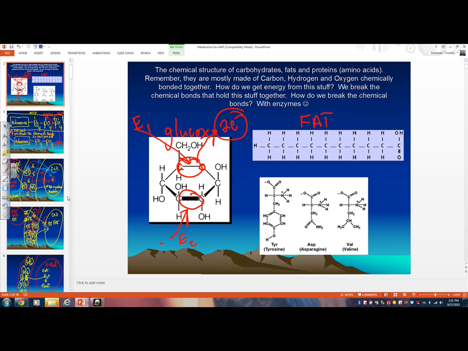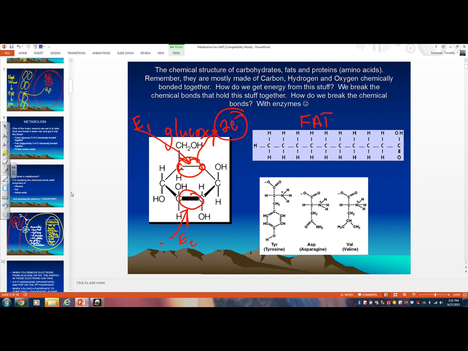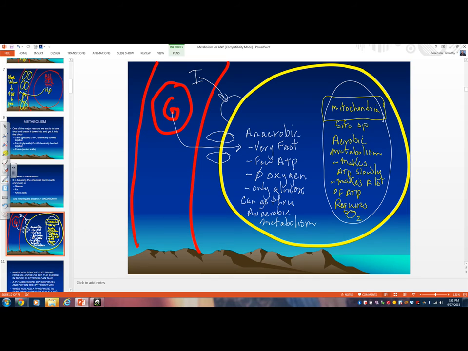So let's talk about this for a minute. When glucose gets inside the cell, there are basically 3 phases to metabolism. When your blood sugar's high, insulin's going to be around. Insulin's going to bind to the receptor, open up the gate, and allow glucose to get into the cell. So if the cell needs to recycle ADP into ATP, the first phase that glucose goes to is the anaerobic phase.